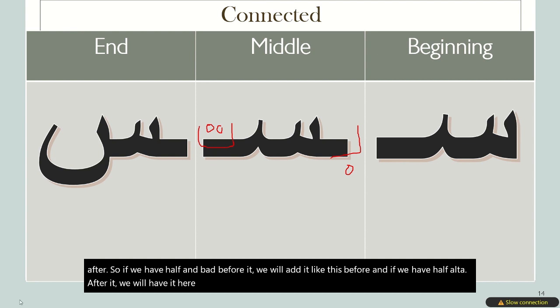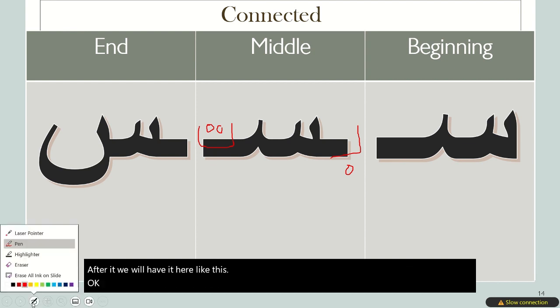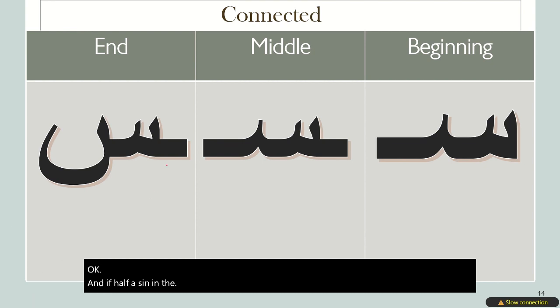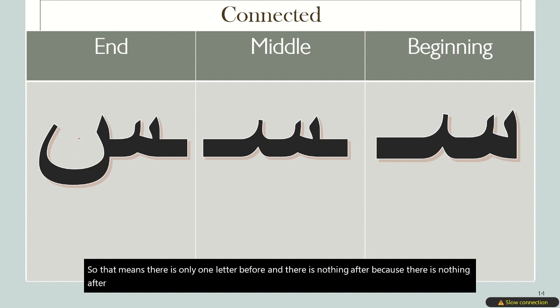Okay, and if حرف السين is in the end, so that means there is only one letter before and there is nothing after. Because there is nothing after, we don't really have to remove that big half circle. We can keep it because there is no connection after anyways. It's the end letter, so we only need to connect it before.